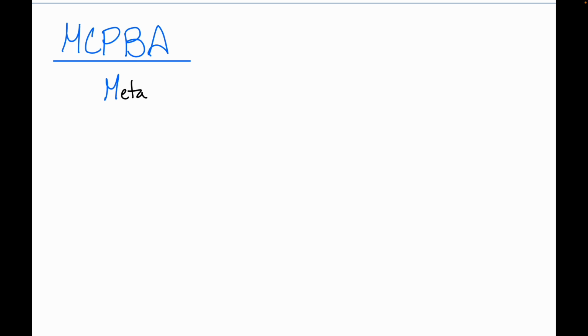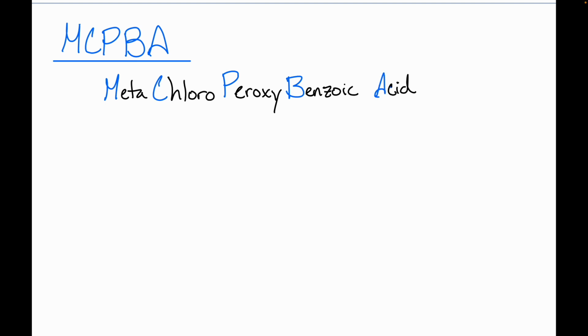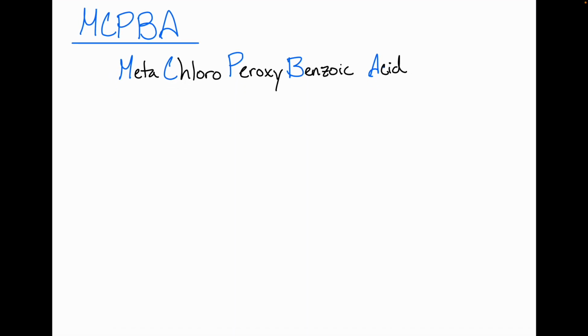The other method that we're going to use uses what's called MCPBA, which I don't really care if you know this, but just FYI stands for meta-chloro-peroxybenzoic acid. All right, we just abbreviate this MCPBA.